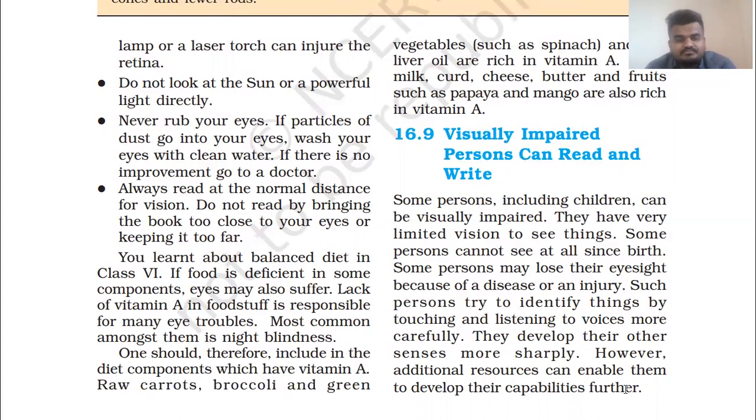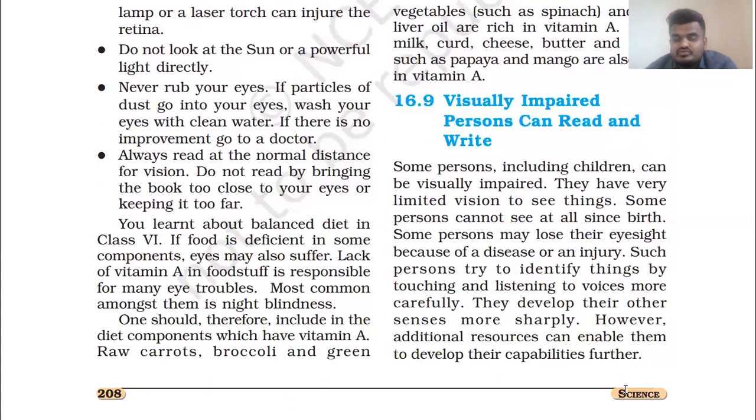You learned about balanced diet in class 6. If food is deficient in some components, eyes may also suffer. Lack of vitamin A in foodstuff is responsible for many eye troubles.